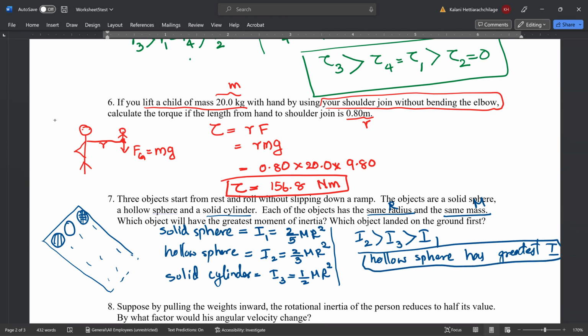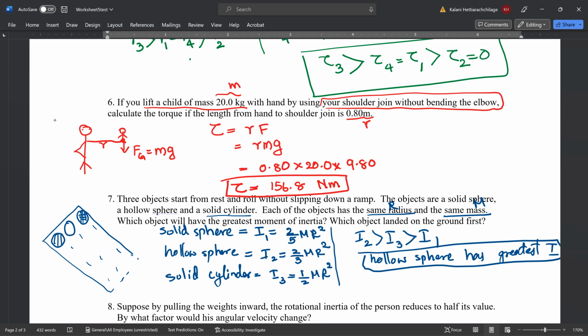That's the first question. Now the second question is asking which object lands on the ground first. You remember that whichever has more moment of inertia will have a lot of friction, which means it's slowing down. That means the first one to reach the ground is the object with the lowest moment of inertia.